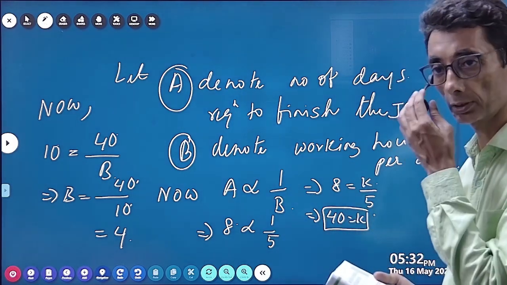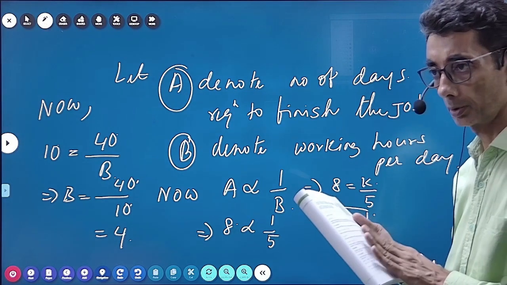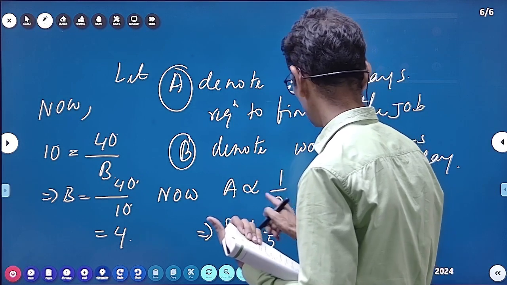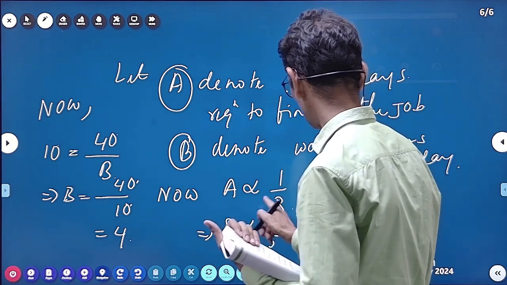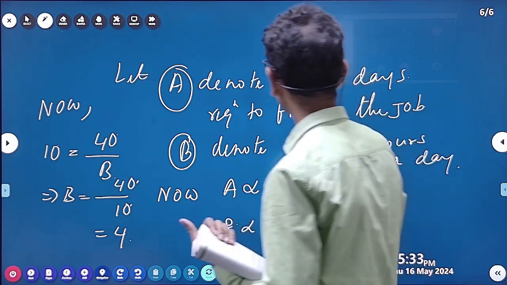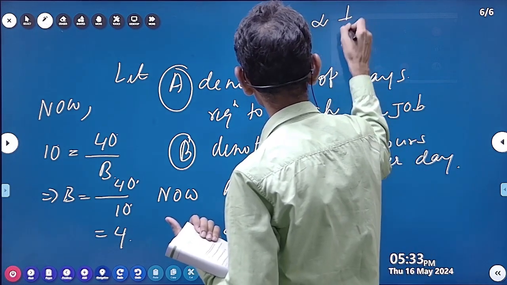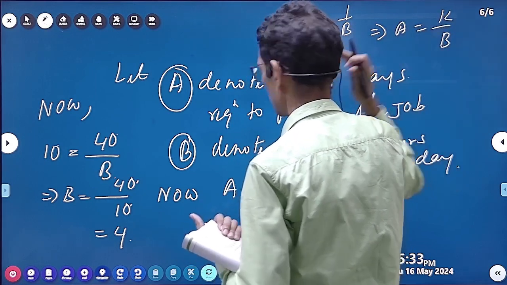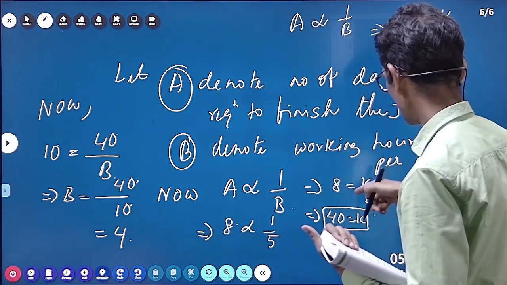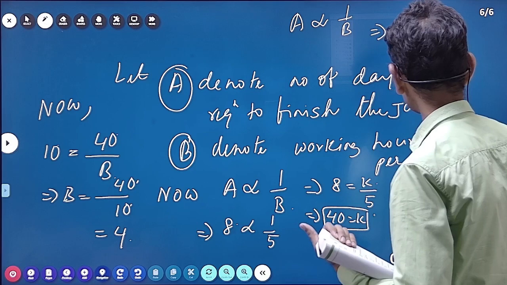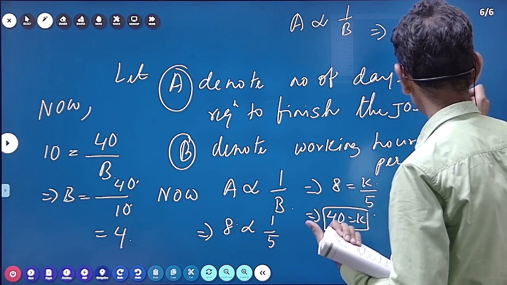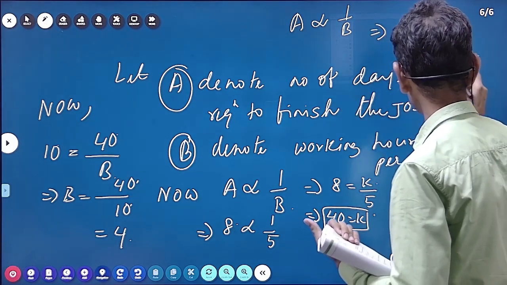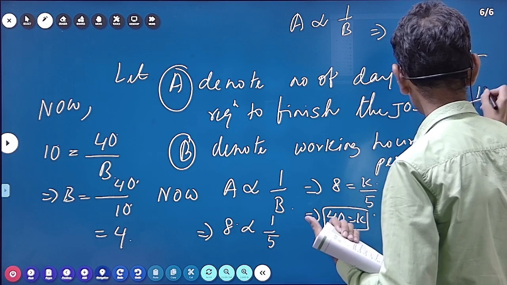Okay, we'll just move to the next topic. First you got the formula. A proportional to 1 by B. This implies A is equal to K by B. They gave A as 8 and B as 5.